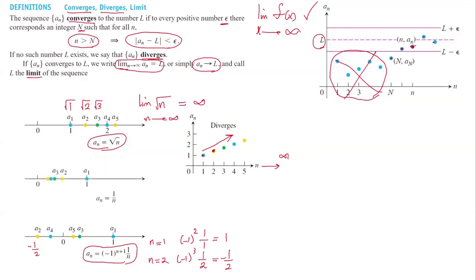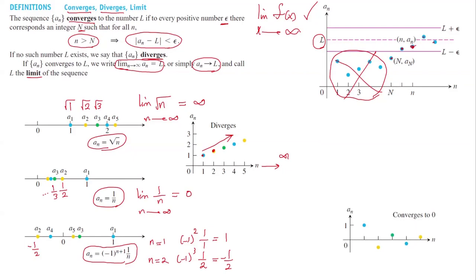Another one for you, a sub n is 1 over n. When n is equal to 1, you get 1 back, then when n is equal to 2, you get a half, then a third, then a fourth, and so on. If you take the limit of 1 over n as n goes to infinity, this is equal to 1 over infinity, or just 0.